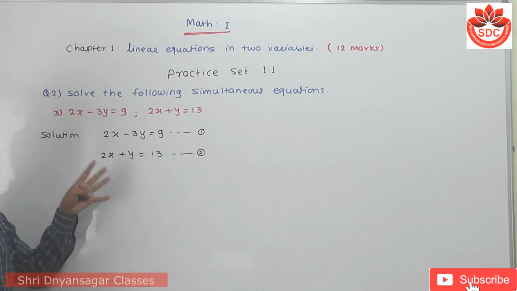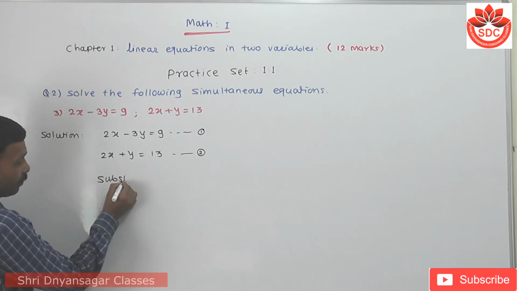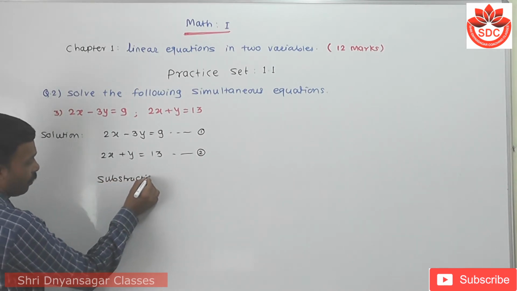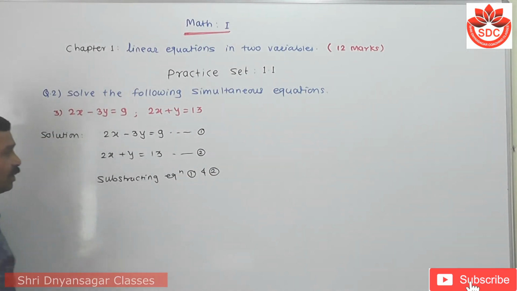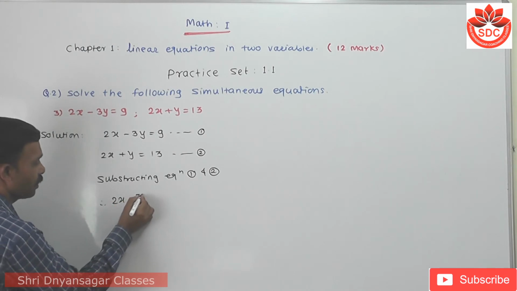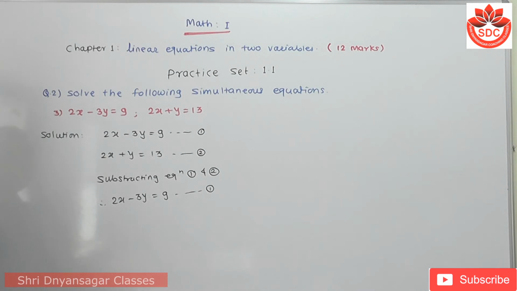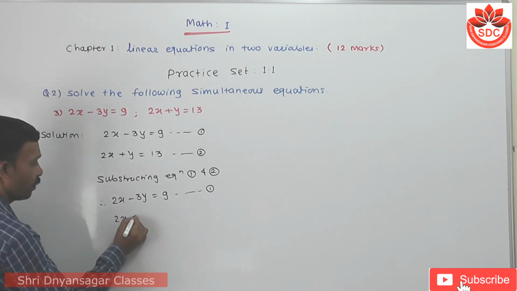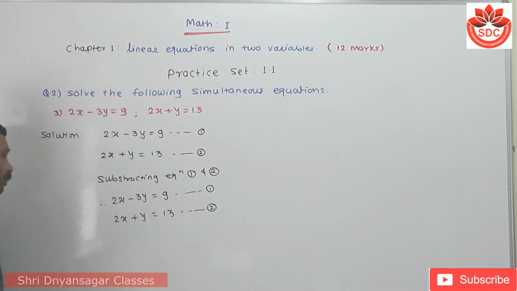So I will take it as it is, subtracting equation first and second. So I take the equations directly: 2x minus 3y is equal to 9, equation number first. Then second, 2x plus y is equal to 13, equation number second.